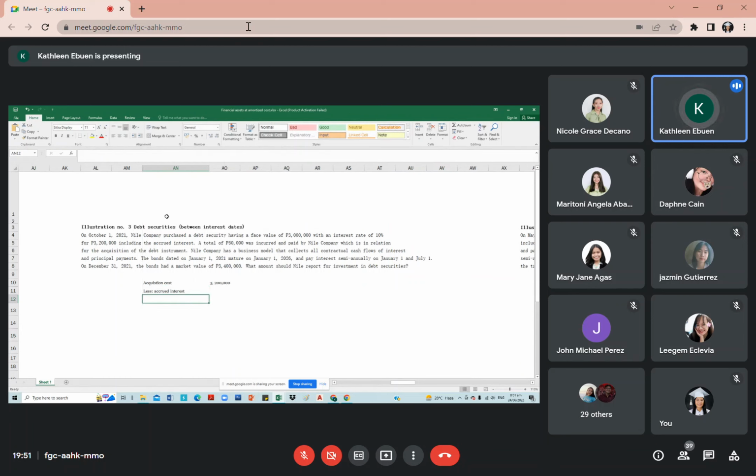Binili natin ito noong October 1, 2021. Dated po yung bonds ng January 1, 2021. At ang payment daw po ng interest is January 1 tsaka July 1. Magkano si accrued interest? 150,000 po, ma'am.